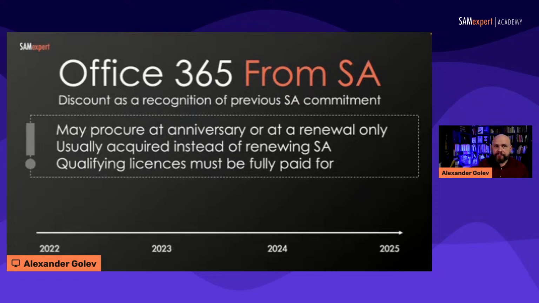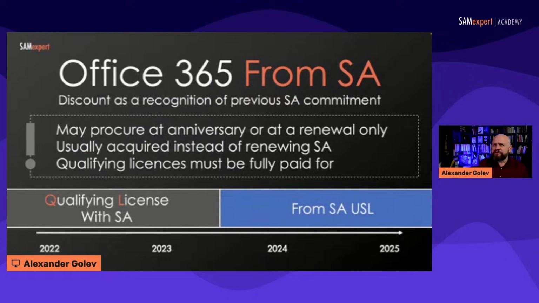You switch to them at an anniversary. Usually they are acquired when you renew an enterprise agreement. If you had an enterprise agreement with Office Professional Plus in the previous 3 years and you haven't switched to Office 365 yet, you may switch to Office 365 or Microsoft 365 by acquiring discounted SKUs, Office 365 or Microsoft 365 from SA.